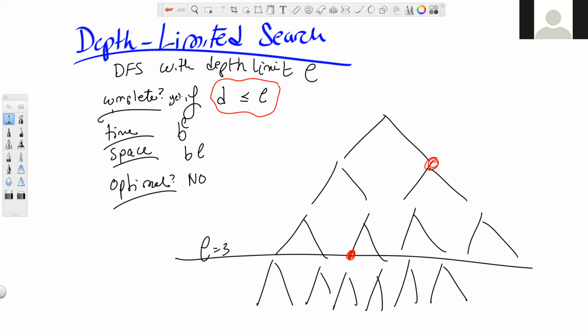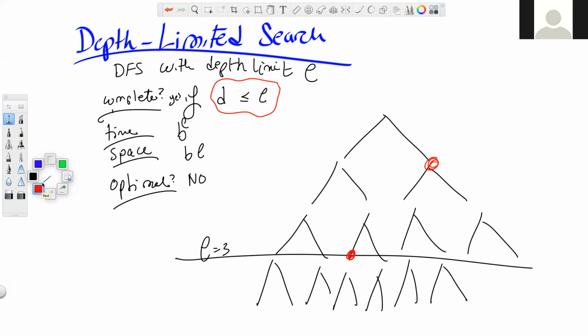Now, what if I don't want to do that? What if I don't know enough about my problem to really say you must have a solution less than or equal to L, but I still want to do something like this? What should I do? Something along the same lines, and in fact, it will even be better than this, because if you compare this to breadth first search, look what happens.